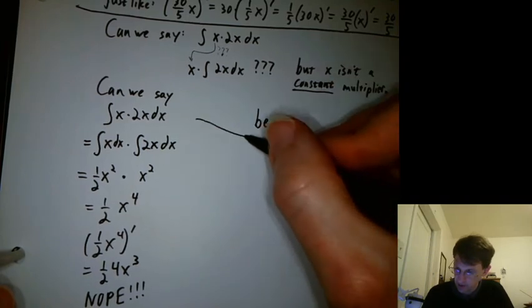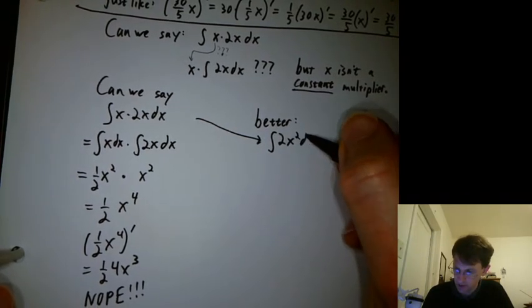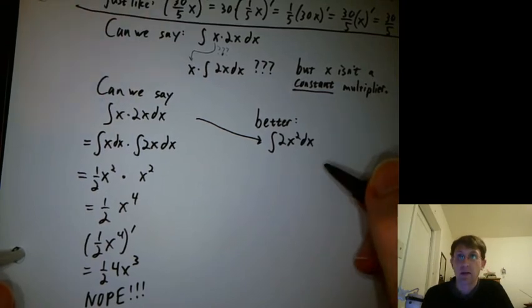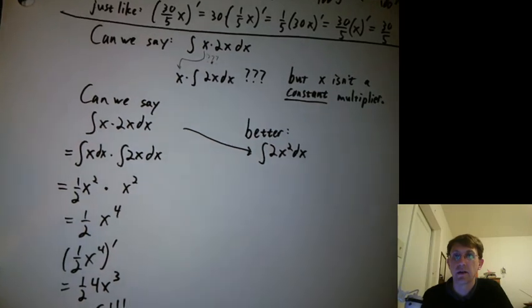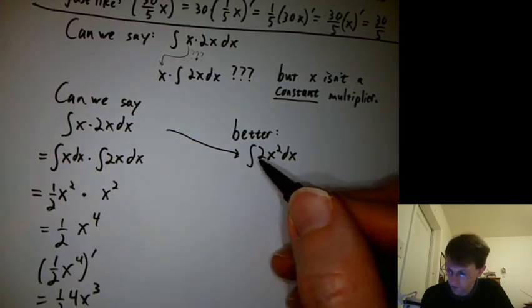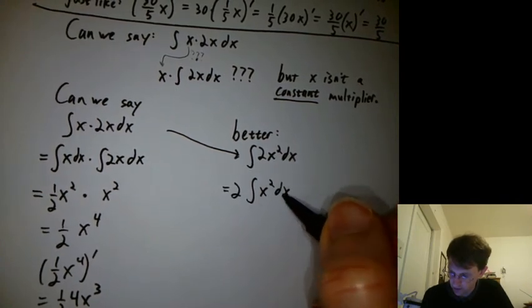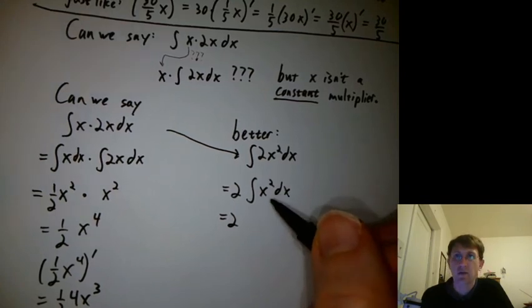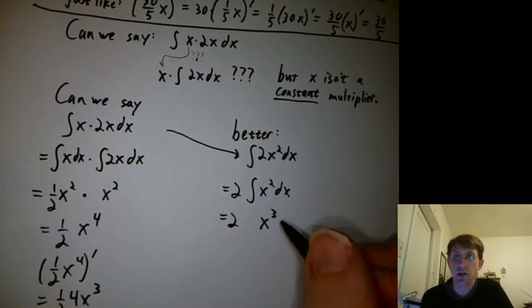We could say that this equals the integral of 2x squared dx. And what do we do from there? Well, I would move the 2 out front to get 2 times the integral of x squared dx. And then what's the antiderivative of x squared? What function, when you take its derivative, gets you x squared? Well, you'll need to start with an x cubed.